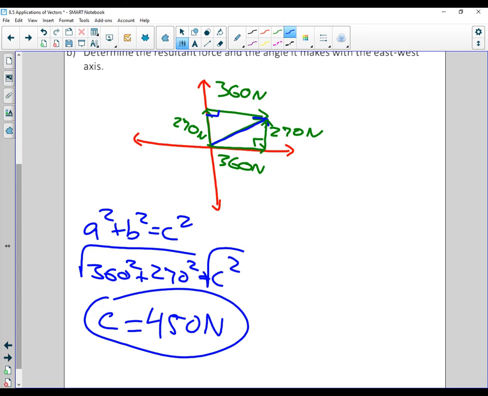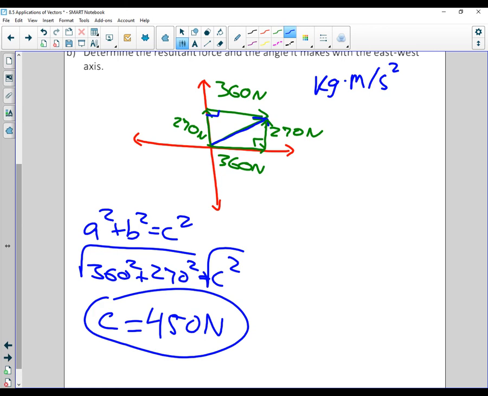The actual unit of newtons is kilograms meters per second squared. It's weird. F equals ma, mass times acceleration, meters per second squared. It's kind of a hard unit to imagine, I guess.